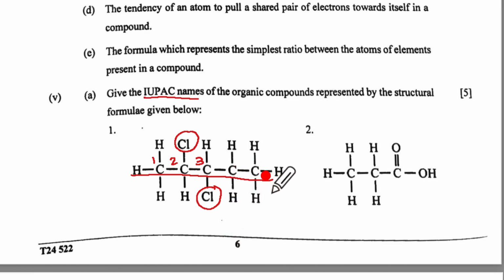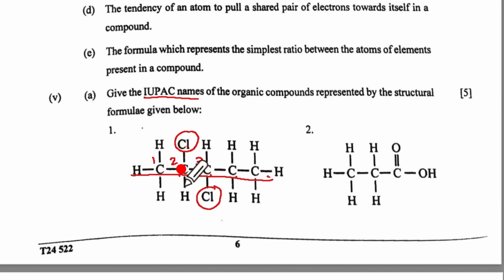Now if I were to number from here 1, 2, 3, 4, then I would have got 3, 4 dichloro. So my numbering has to start from the end which is nearest to the branch. So we start this way. So it will be 2, 3 dichloro.